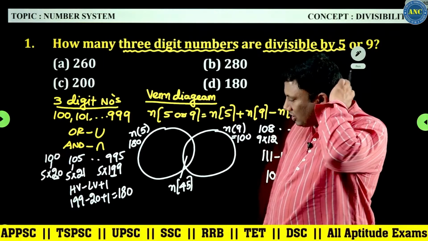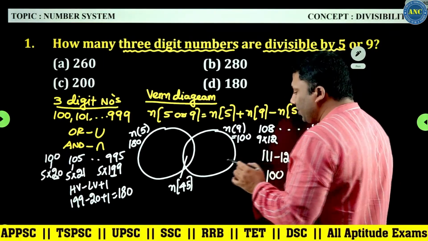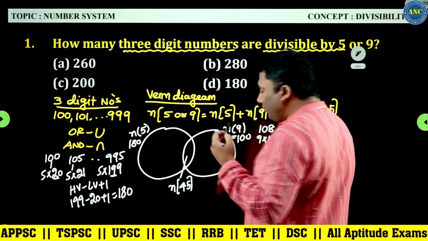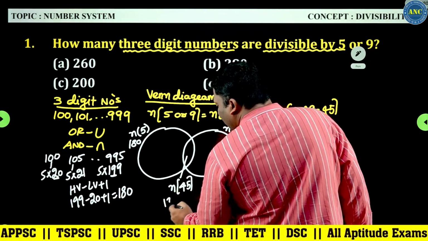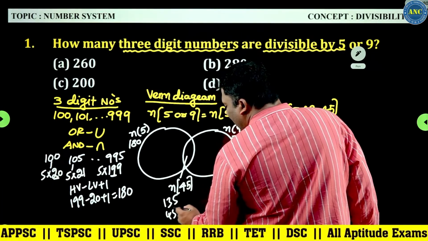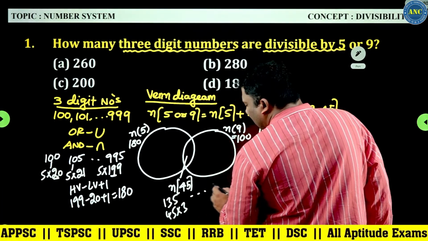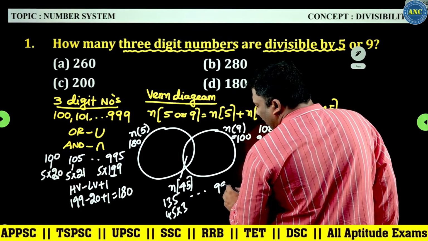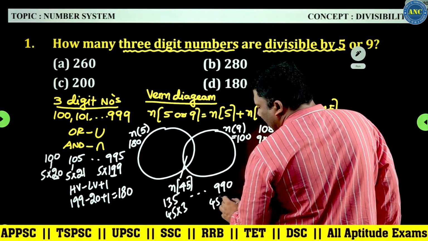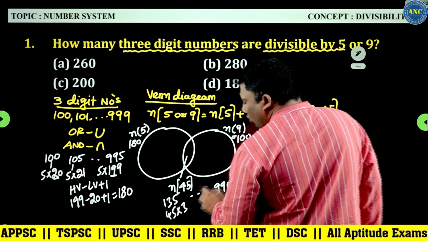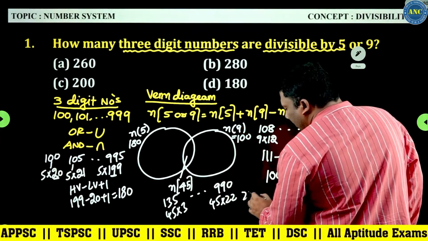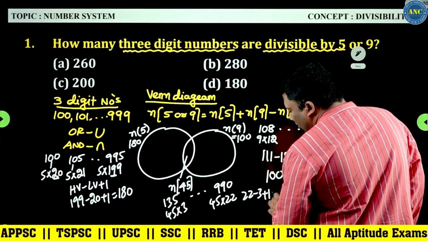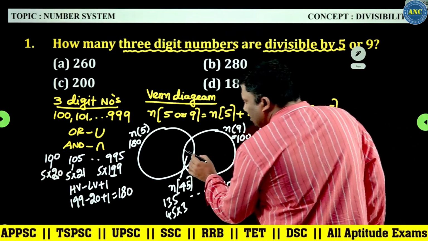Number of numbers which are multiples of 45. 45 times 2 is 90. 45 times 3 is 135. And 45 times 22 is 990. 22 minus 3 is 19, plus 1, 20. That means this is 20.